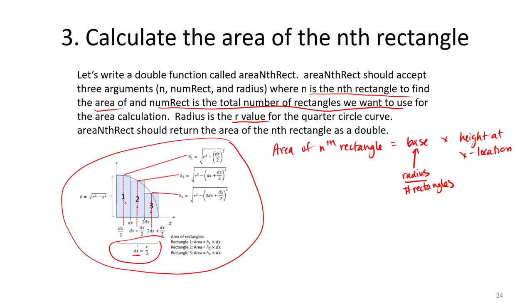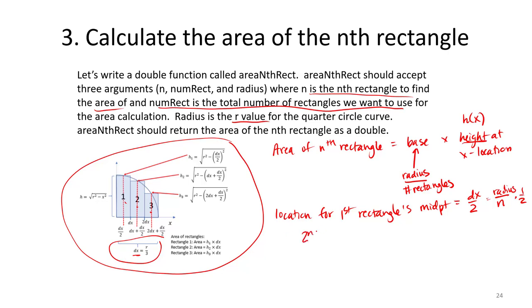The next one is the x height, or the height h of x at the x location. Notice the location for the first rectangle's midpoint is going to be dx over 2, or the radius over number of rectangles times 1/2.